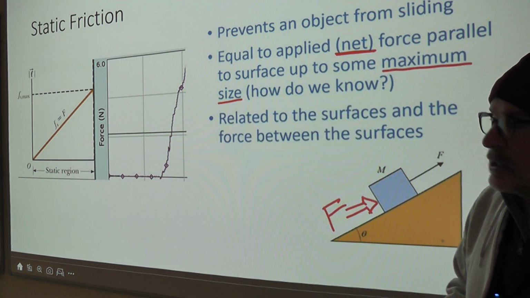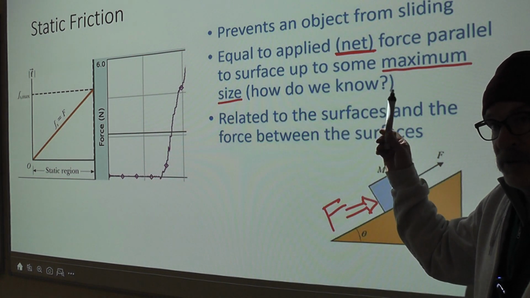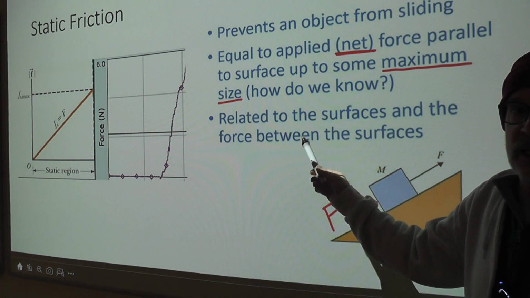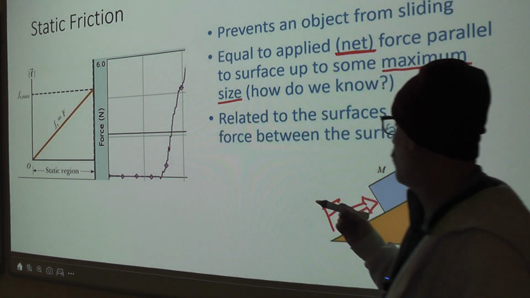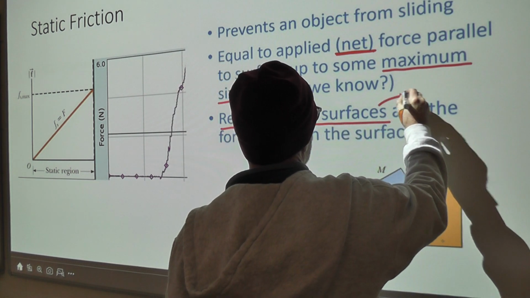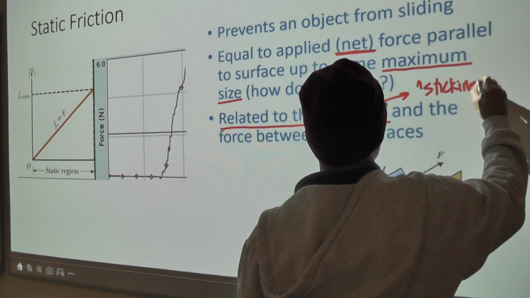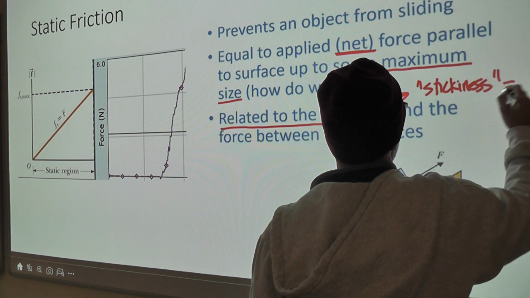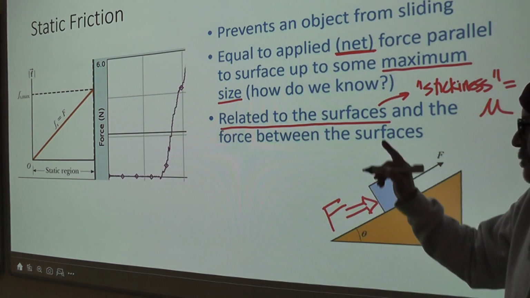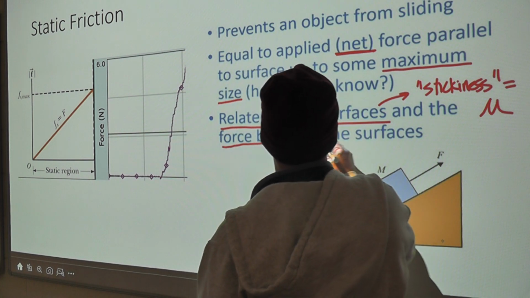When we look at what determines the force of static friction, the theory is the same as it is for all forces of friction. So one piece of it is that it's related to the surfaces themselves. This is the stickiness of the surfaces, and that variable mu is how we quantify it. The other piece is the force between the surfaces.